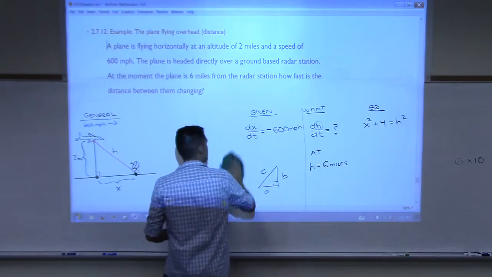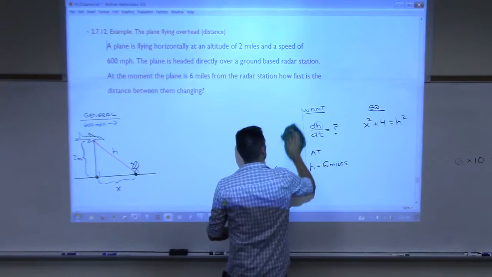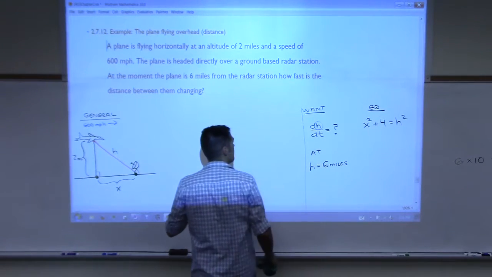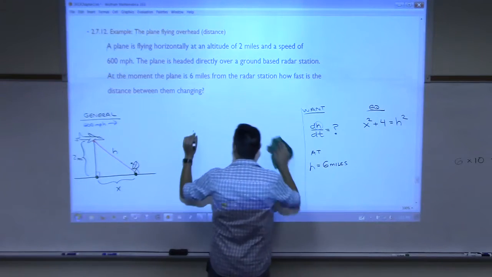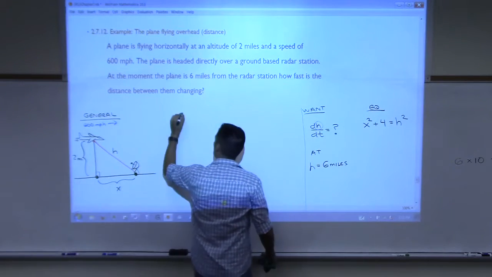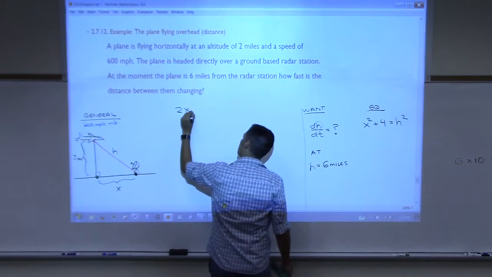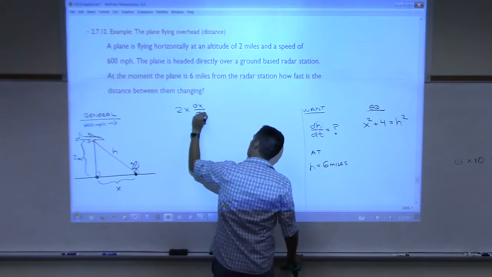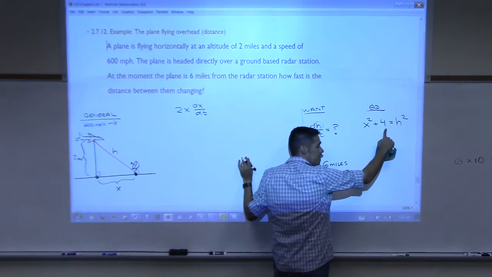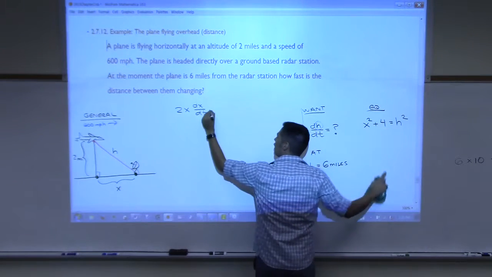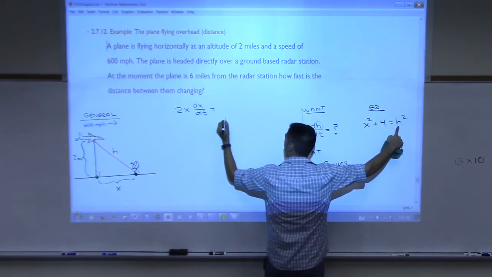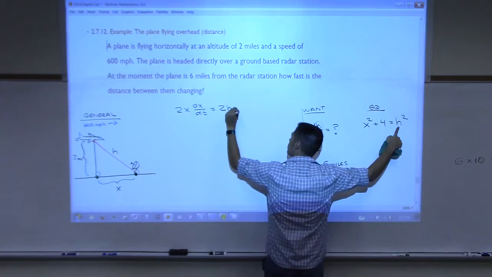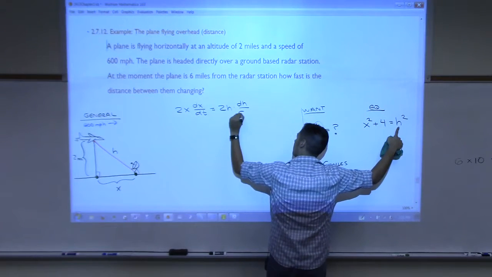The derivative of this with respect to time is 2x dx/dt plus the derivative of 4, 0, equals the derivative of h squared, 2h dh/dt.